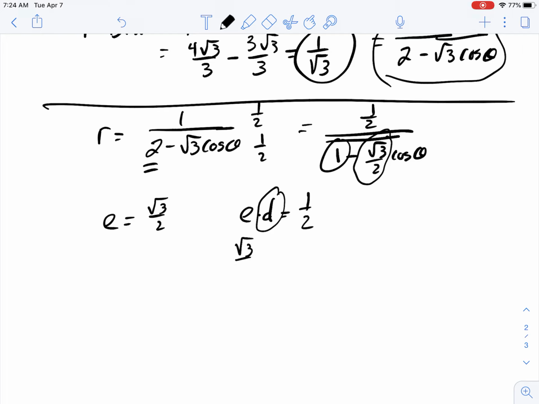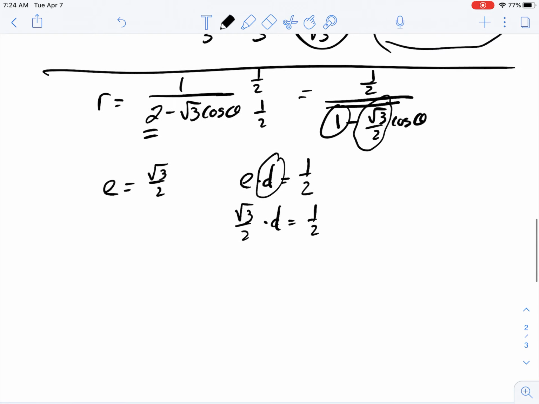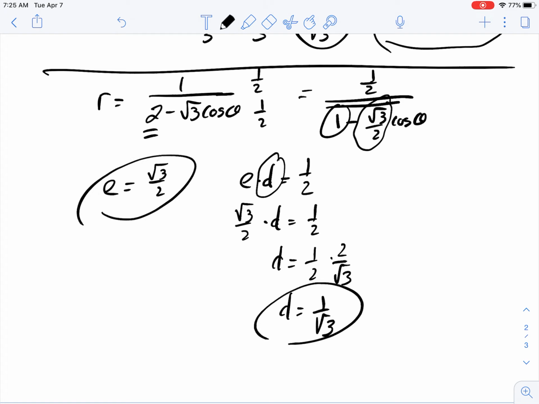To find my total distance, I know what E is, so root 3 over 2 times D equals 1/2. My total distance then is 1/2 times 2 over root 3, and therefore my total distance is 1 over root 3. So it gives me the ability to separate and find my different values.